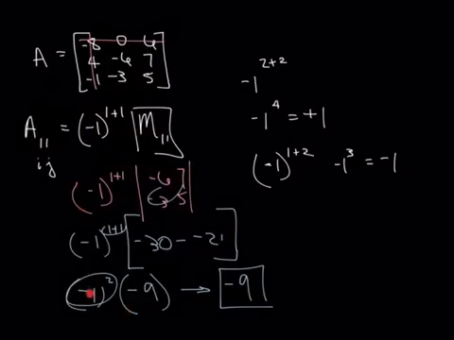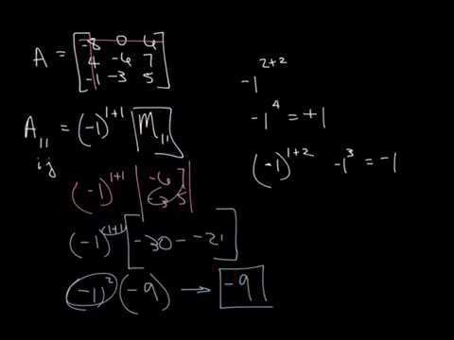Okay? So notice here, we have a negative 9 for an answer. Does this negative 1 squared change the sign? No, it does not, because this becomes a negative 1 times negative 1, which is positive 1, times negative 9 is negative 9. If this would have been a 3, then this would have been a negative 1 times negative 9, which is a positive 9, so it would change its sign.